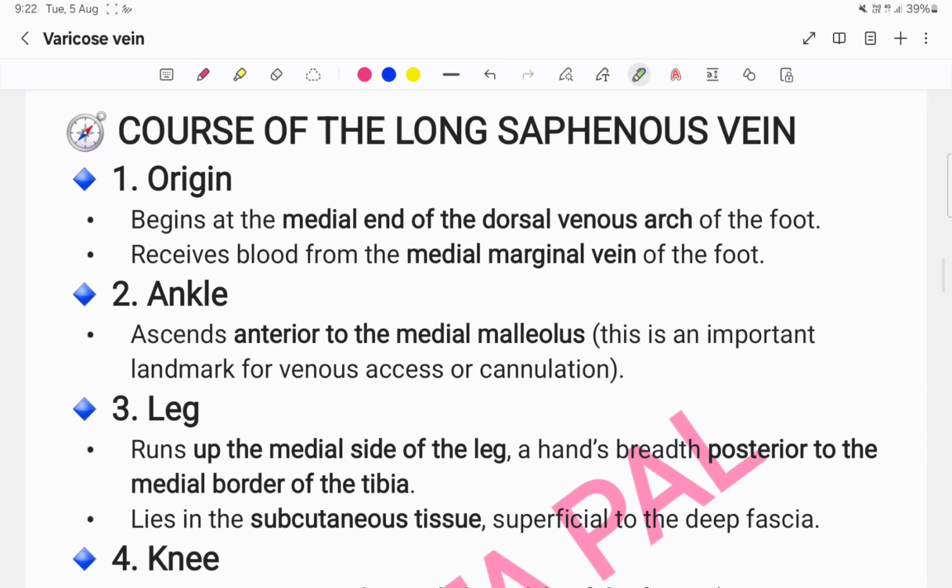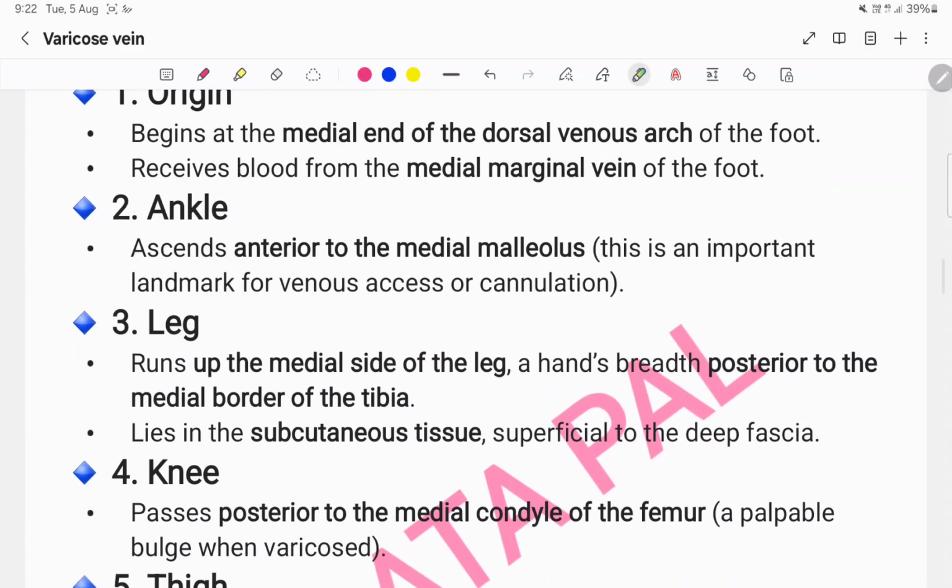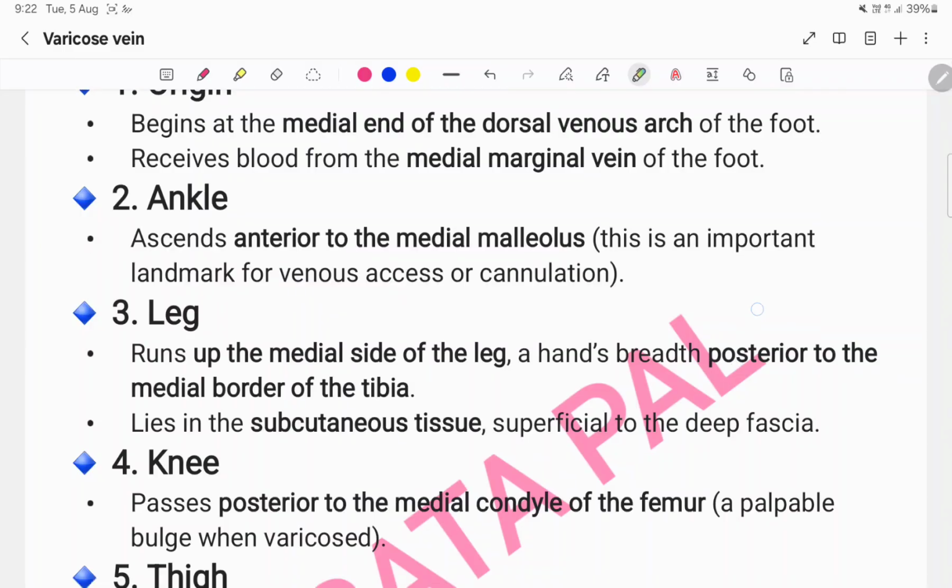Next, let us discuss the course of the long or great saphenous vein. First is origin. It originates from the medial end of the dorsal venous arch, and it receives blood from the medial marginal vein of the foot. At the ankle, it is anterior to the medial malleolus.